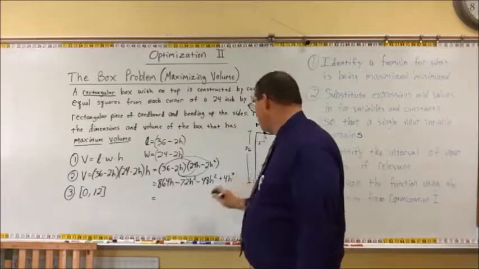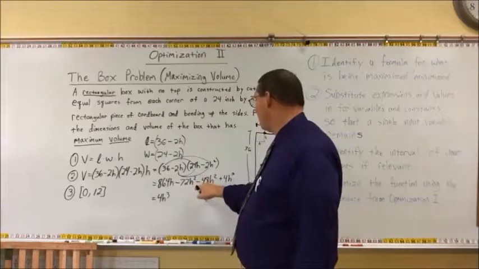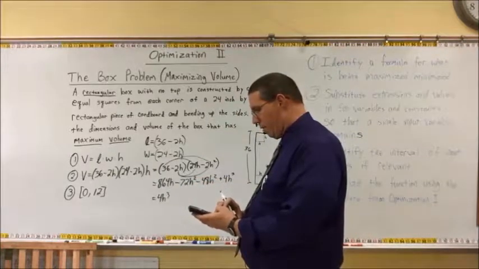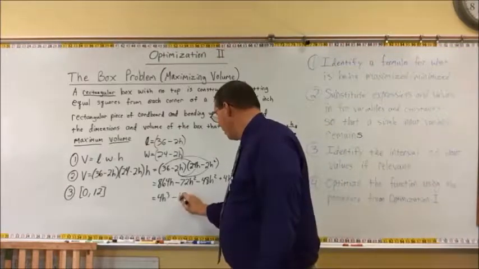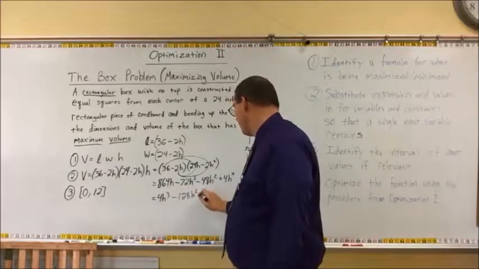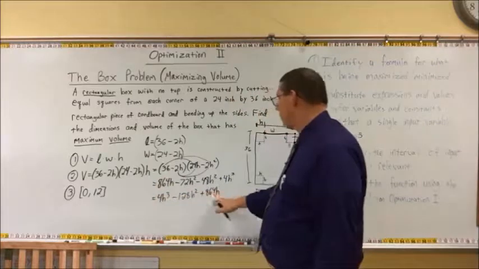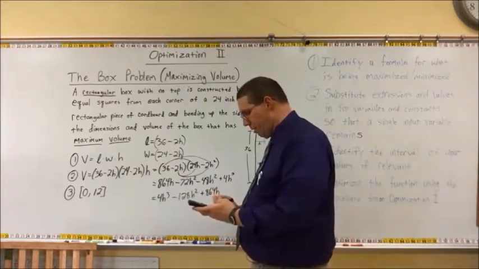So 4h cubed, and then minus 72h squared and minus 48h squared, so that's negative 72 minus 48. That's going to give me negative 120h squared, and then plus 864h.